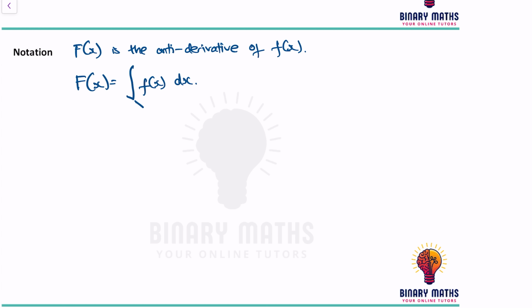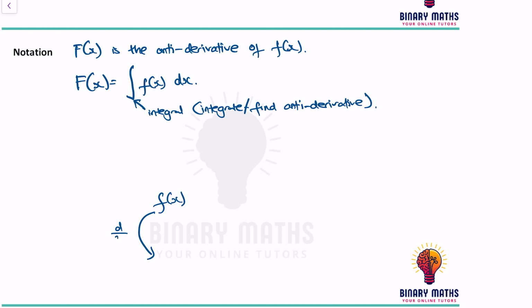Okay, so this is integral, which means integrate or find antiderivative. Okay, so if we have f of x, which is the original function that we're given, then if we differentiate this, we get f dash of x.